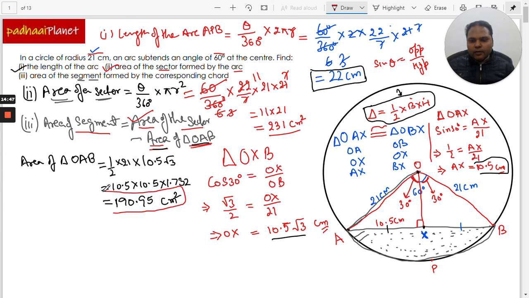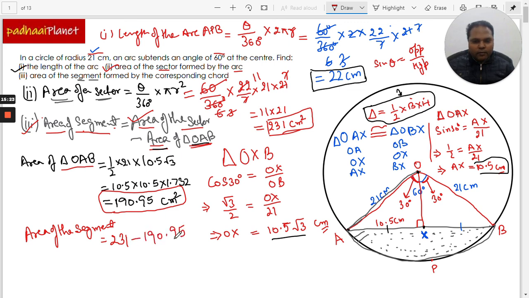Now we are going to put this value into this formula, and we will get the area of our segment. The area of the segment is equal to the area of the sector minus the area of the triangle. The area of the sector was 231, so that's equal to 231 minus 190.95.